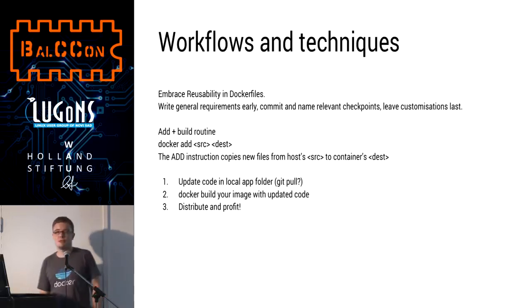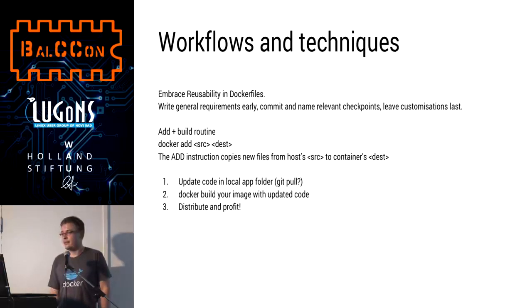If you are making your own Docker files, you should write your general requirements early, commit, and name relevant checkpoints, and leave customizations last. So if you have a workflow, what are your general needs, you should write it first, commit that Docker file, and then add on a different branch or something what you need for a different project.